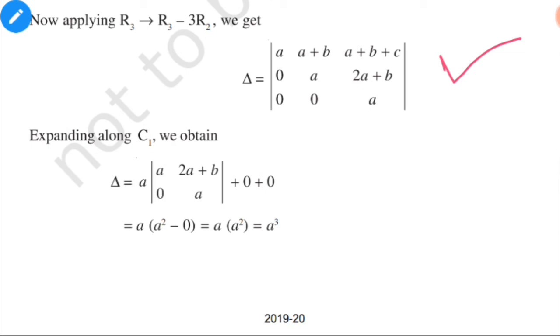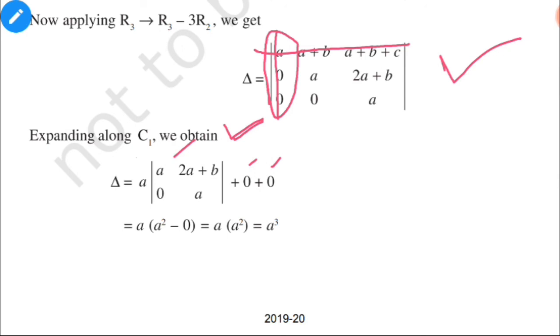In the first column we have two zeros. So expand along C1. If you are expanding along C1, a into, delete the first row and first column, we get the 2 by 2 determinant a, 2a plus b, 0, a. Plus the second and third elements are 0, so 0 plus 0.